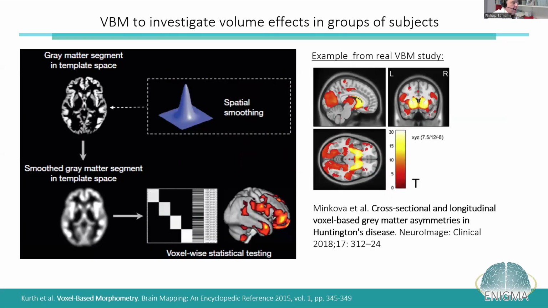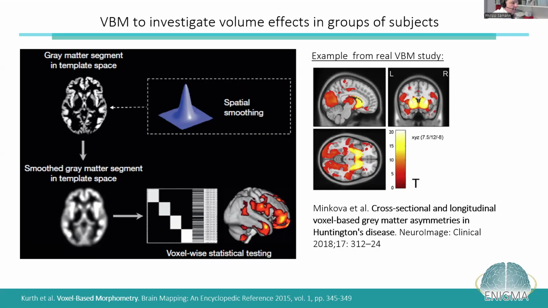mostly after adding a bit of an averaging procedure over the image, a step called spatial smoothing, which uses a defined kernel, mostly a Gaussian kernel, to average the surrounding information of a voxel.